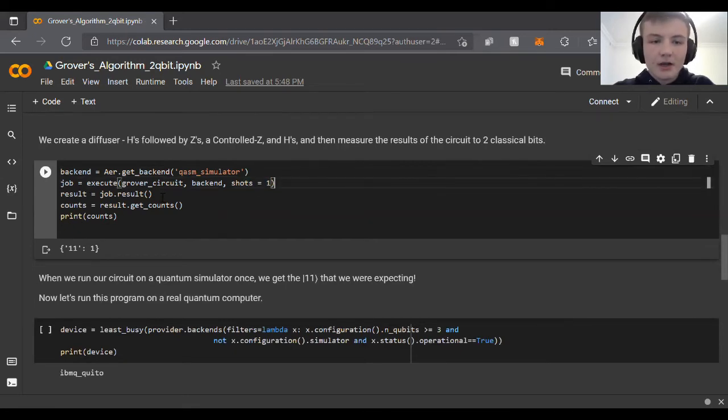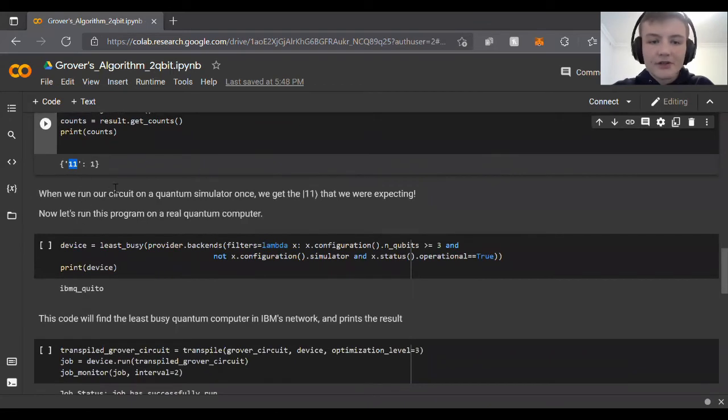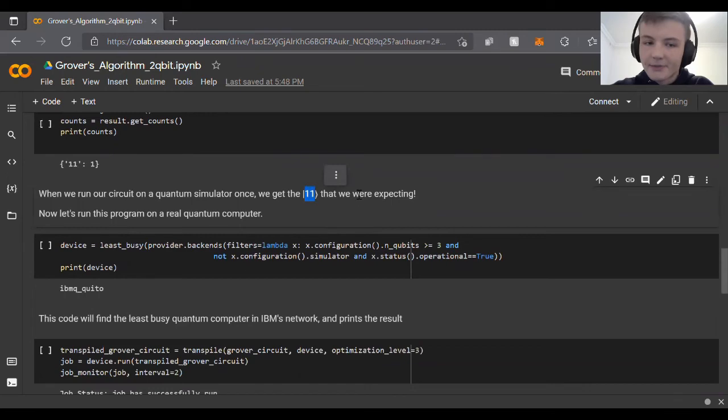We get the result of the job, we get the counts, and we print the counts. Here we can see that 100% of the time, the one time that we ran it, we got the output state 1-1, which is the state that we were looking for. So when we run our circuit on a quantum simulator once, we get the 1-1 state that we were expecting.